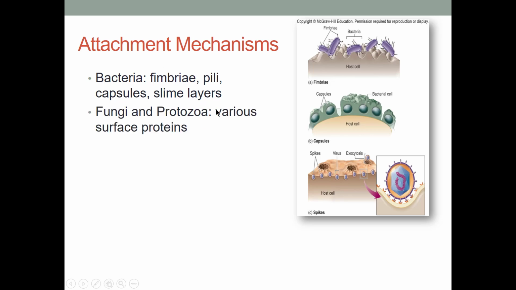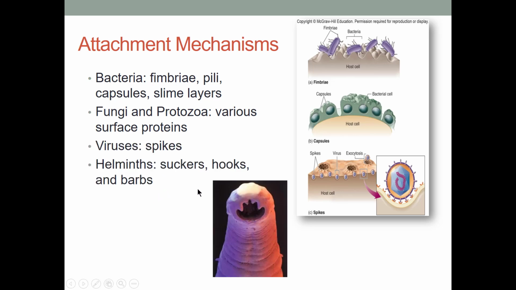Fungi and protozoa will have a variety of surface proteins. We've talked about all these in chapter 4. We didn't really talk about these here, so I'm being more vague. Viruses use their spikes, and parasitic worms, you see here a hookworm, will use things like suckers, hooks, or barbs in order to attach, almost like a mouth grabbing hold of the host. That's actually a real picture.